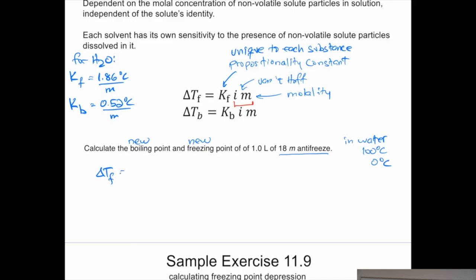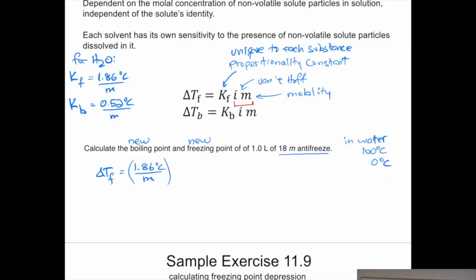Delta T of freezing point is going to be equal to the proportionality constant for freezing point depression for water. I just gave that to you. It's 1.86 degrees Celsius for every 1 molal of the solution. We're going to multiply that by the Van 't Hoff factor for antifreeze. What is it? It's not 18. What's the Van 't Hoff factor for ethylene glycol?